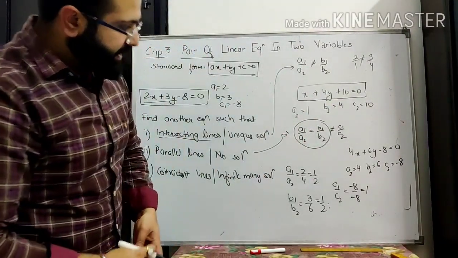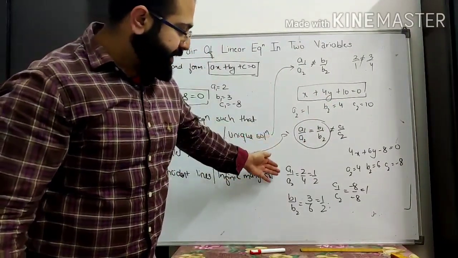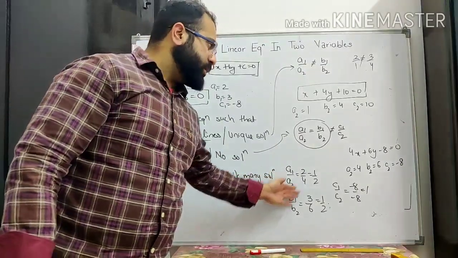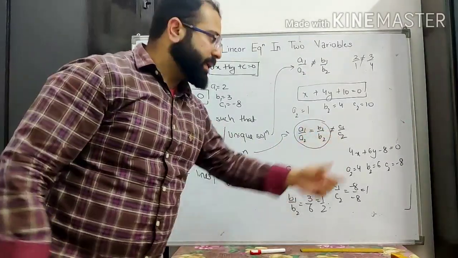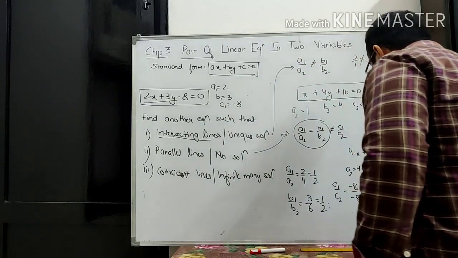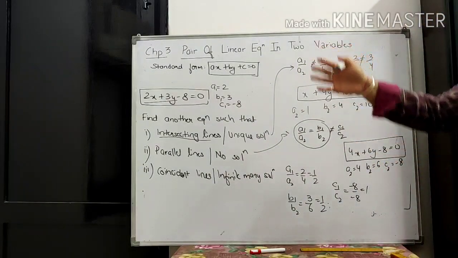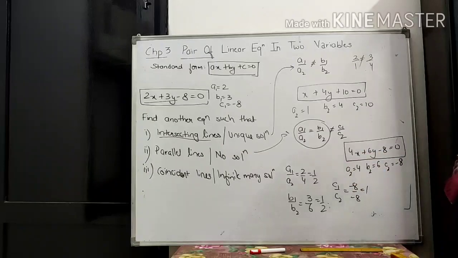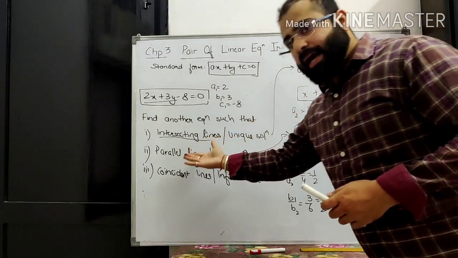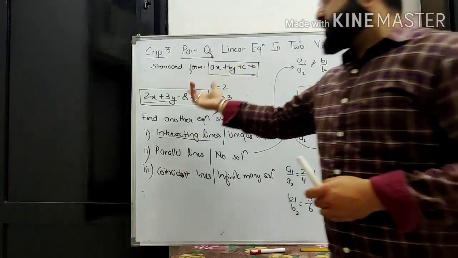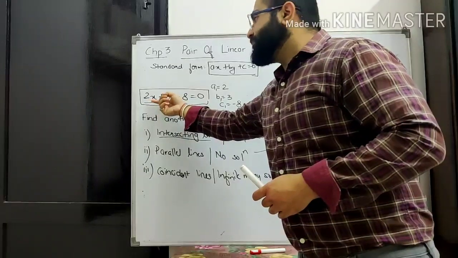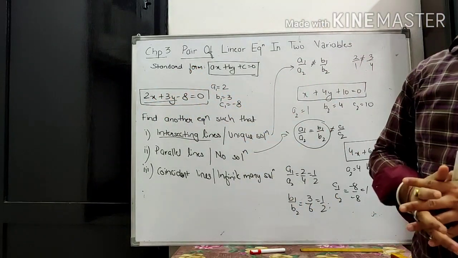So it is clearly evident that the ratio a1 by a2 is equal to b1 by b2 but not equal to c1 by c2. So you will get an equation of a line corresponding to 2x plus 3y minus 8 such that you will have parallel lines or no solution. So always remember, for parallel lines, just take the same multiple for the coefficients of x and y.